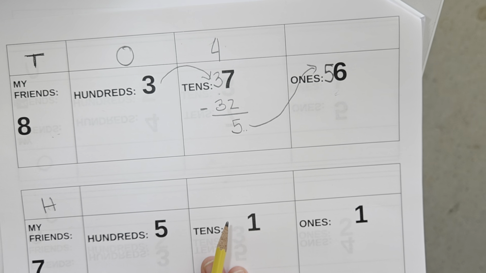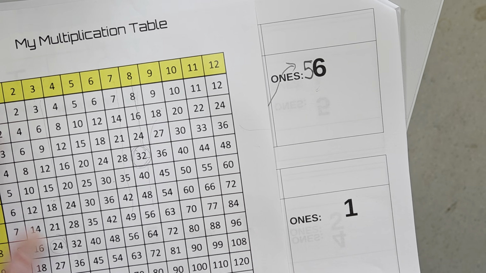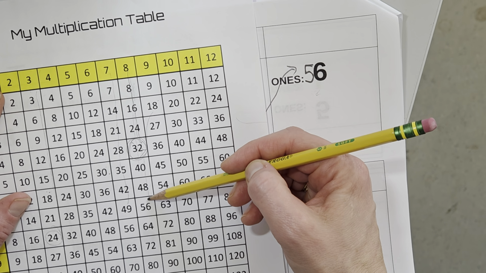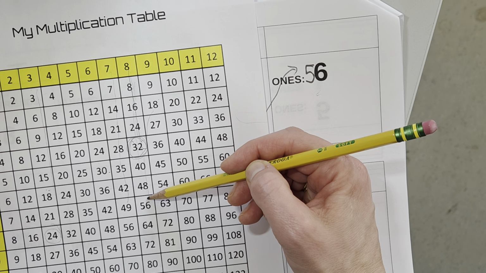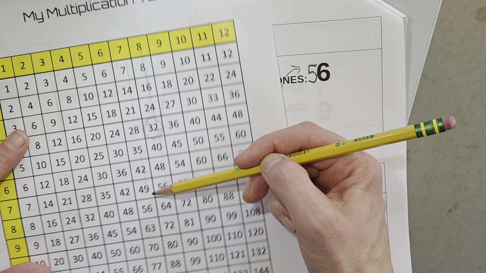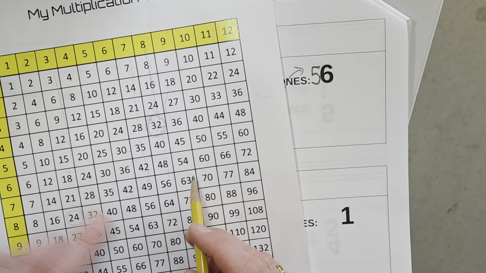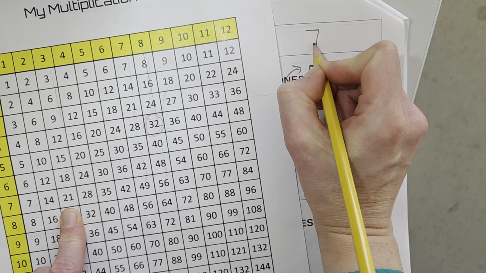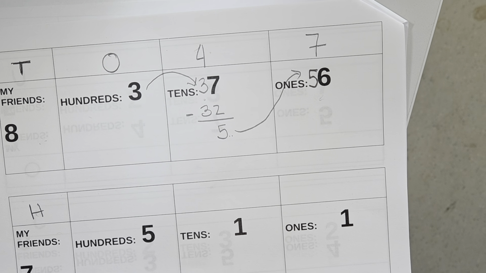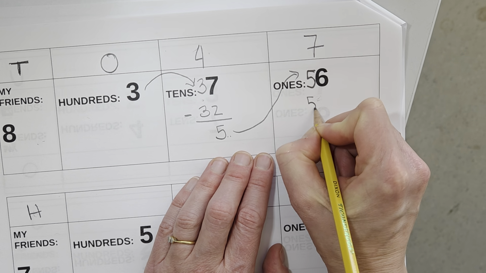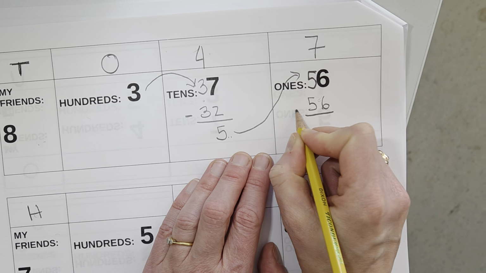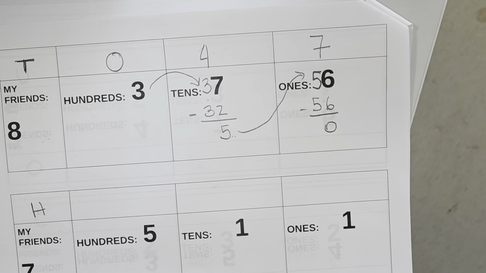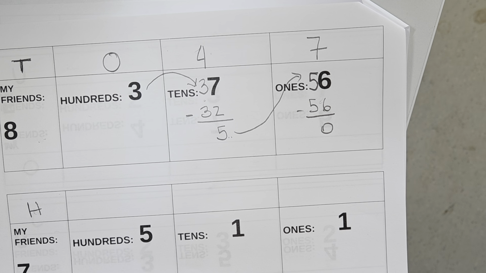Let's take a look. Divide by 8, go down your 8s. There's our 56. There it is. Okay, 8 times 7 is 56. So that's the exact number. We don't have any left over. So we can do this, and it's 0. 0 remaining. So our answer is 47.